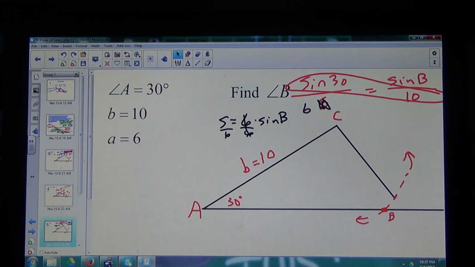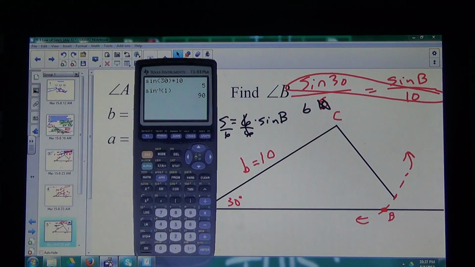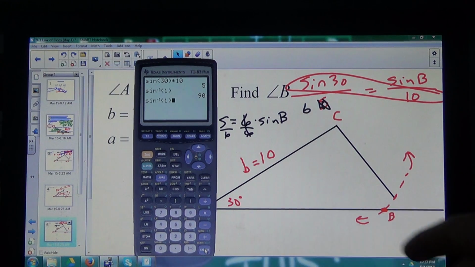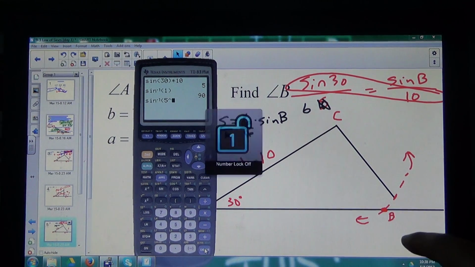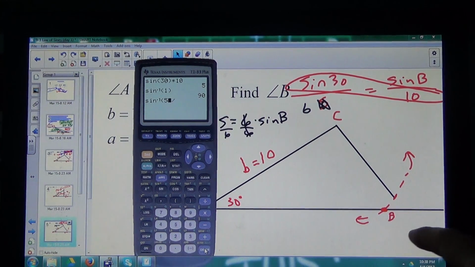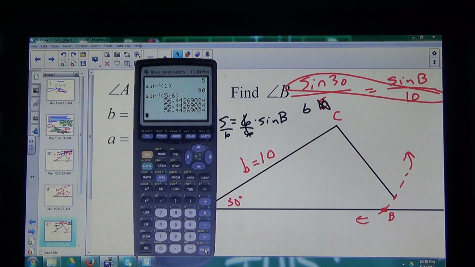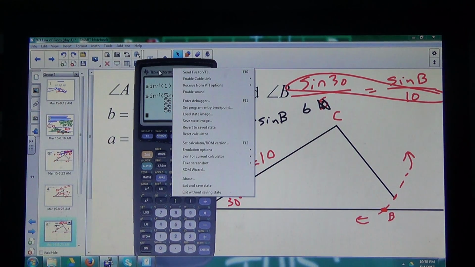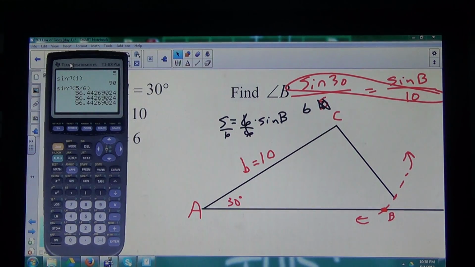Sine inverse of 5 divided by 6, and we get 56 degrees. So my answer for this problem is 56 degrees.